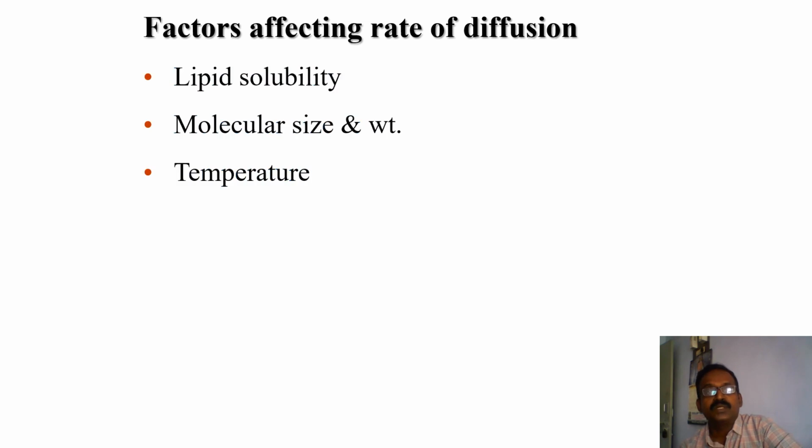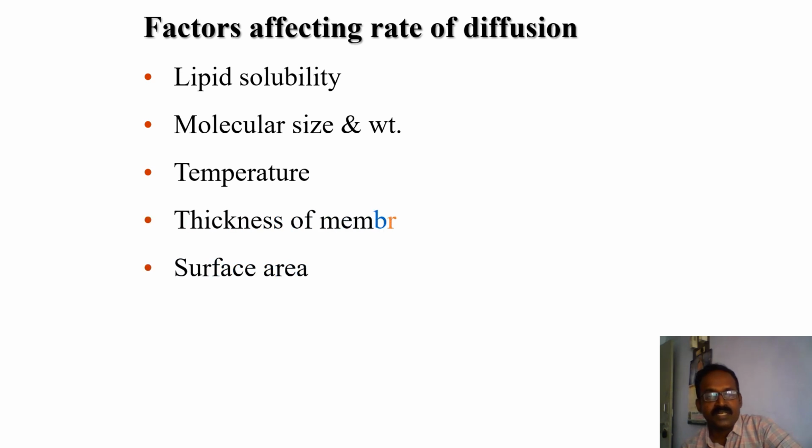Factors affecting the rate of diffusion: lipid solubility, easily diffused; the molecular size and weight; and the temperature. The higher the temperature, the more easily it diffuses. And the thickness of the membrane: if the thickness of the membrane is less, it is easily transported.